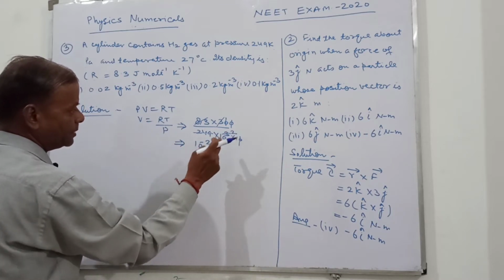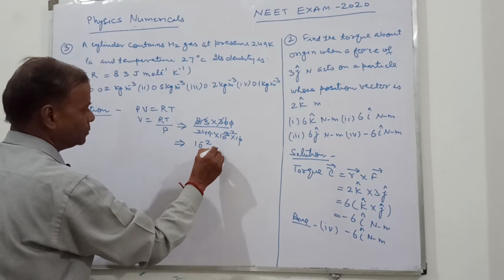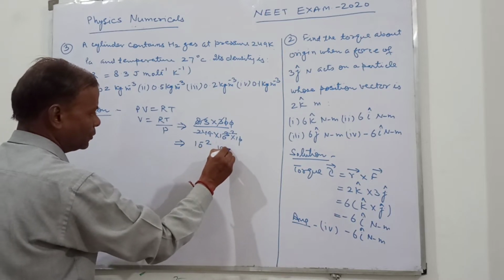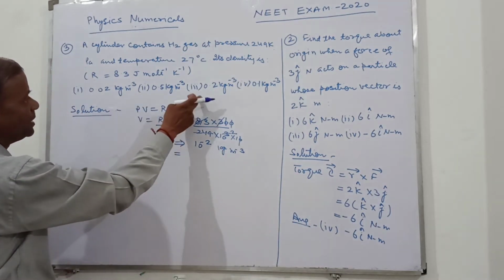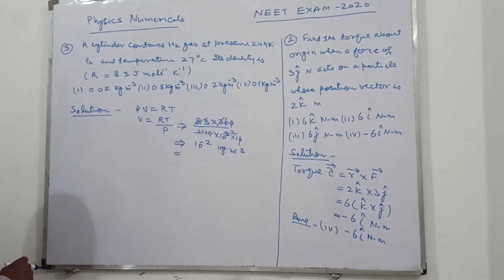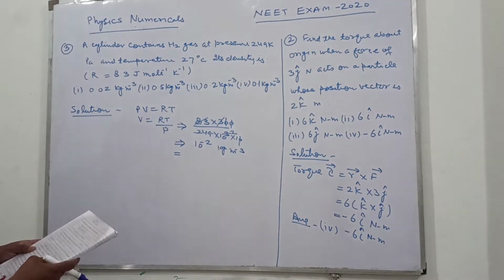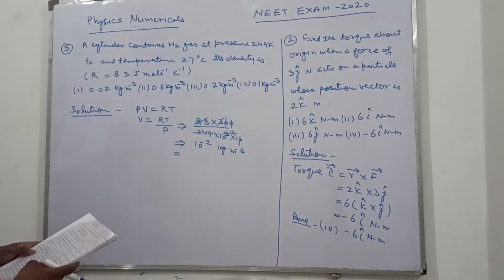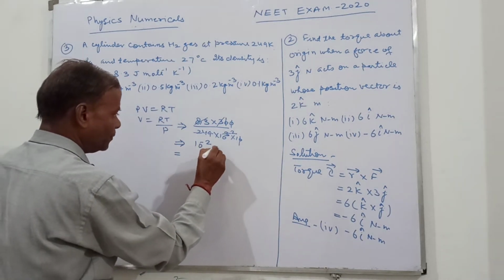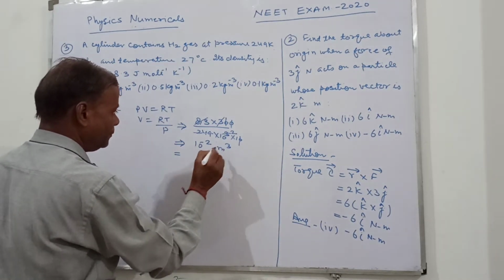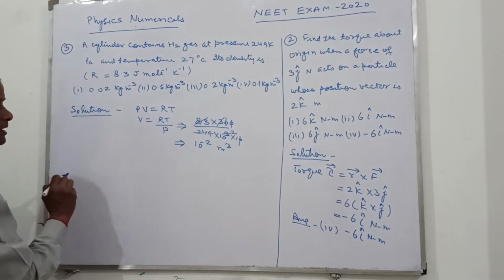This is the volume in meter cube per mole, but no answer is given like this. So now you have to find the density.